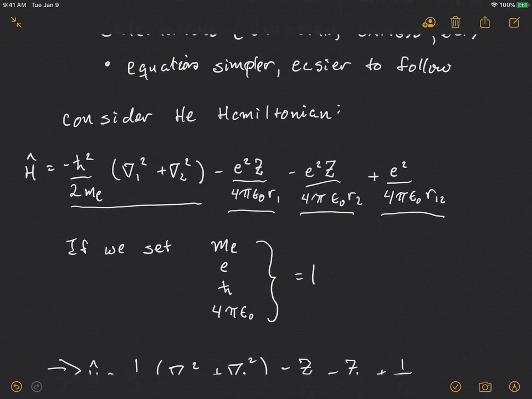So we can imagine simplifying this Hamiltonian a bit if we just replaced a lot of these constants with 1. If we set the mass of an electron, charge of an electron, h bar, 4 pi epsilon naught, all of those constants or collections of constants equal to 1, then we could really clean up our Hamiltonian.